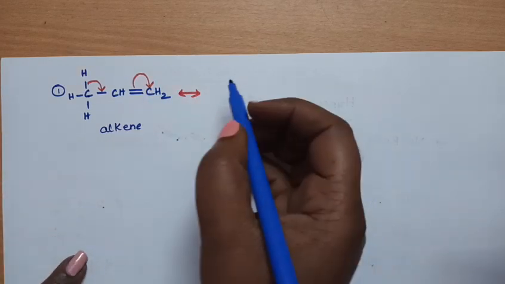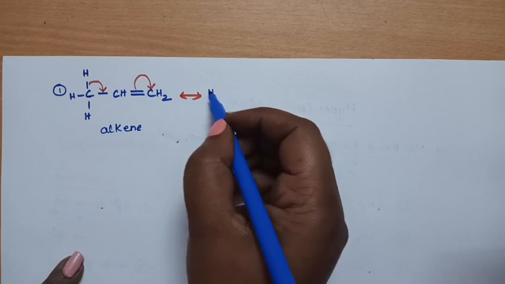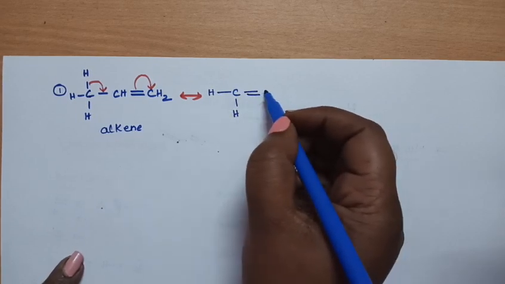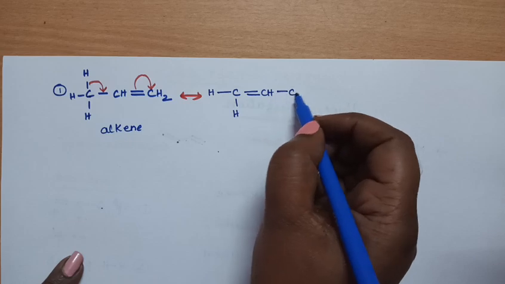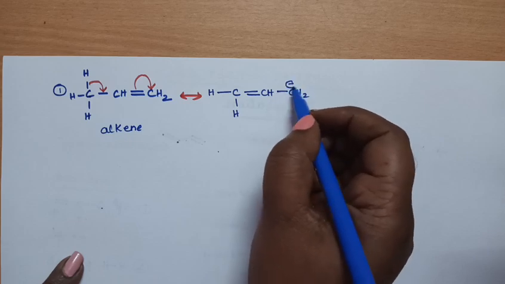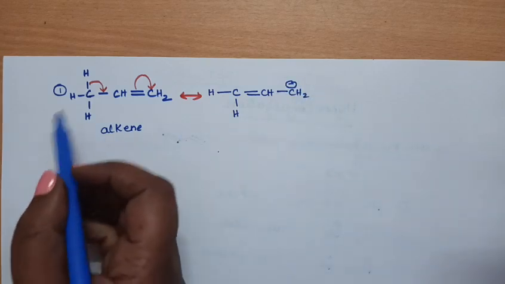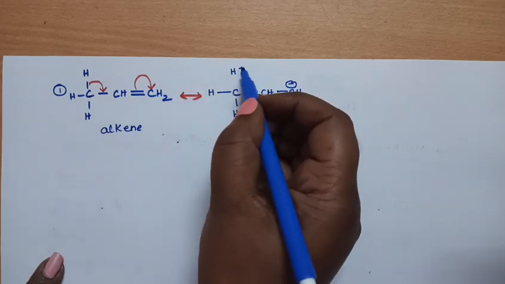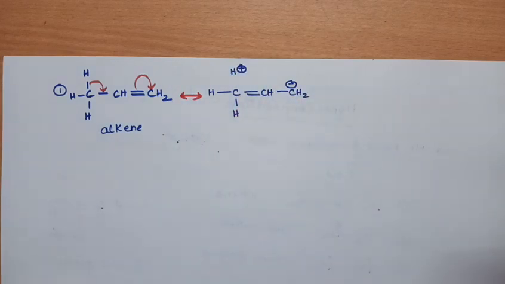So you can write this as H, C, H double bond, CH, single bond, CH2 with a minus sign, and this hydrogen atom will have a plus sign, so it is H plus.